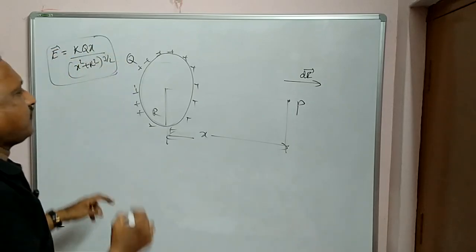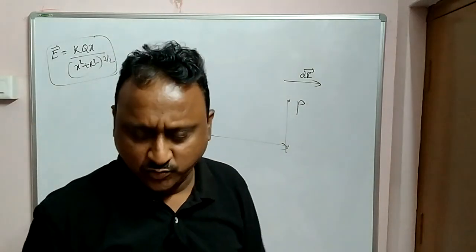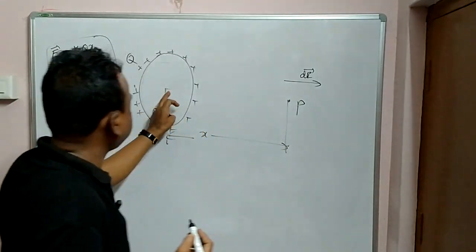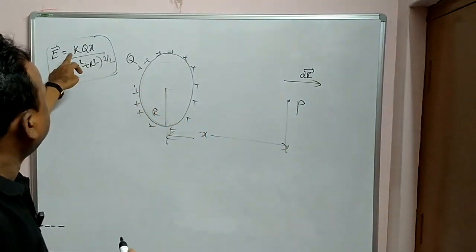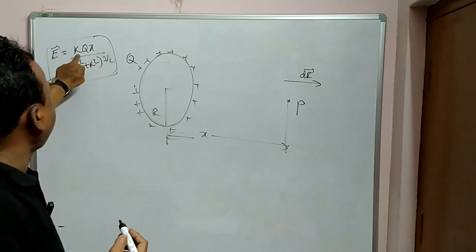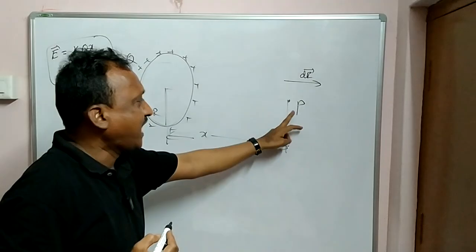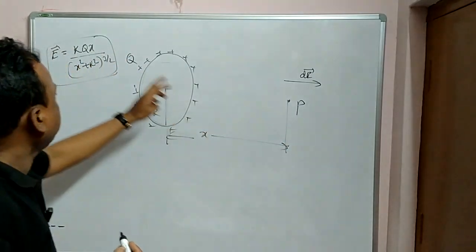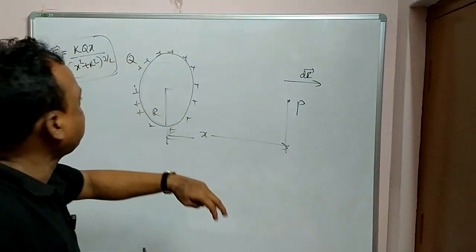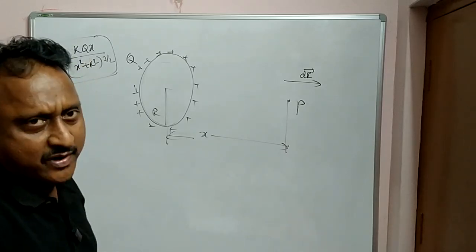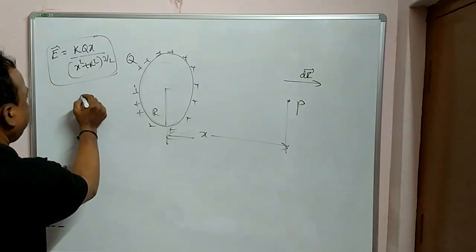So for a uniformly charged ring with charge Q, at a point P which is at a distance x from the center of the charged ring, k is the constant 1 by 4 pi epsilon naught, q is the charge, x is the distance. At this distance P, the electric field intensity E is kqx by (x square plus r square) power 3 by 2. For example, x is equal to 0.